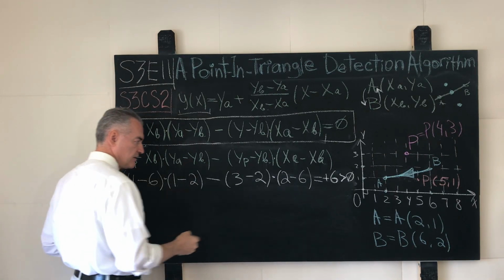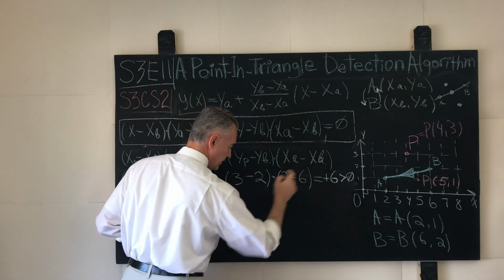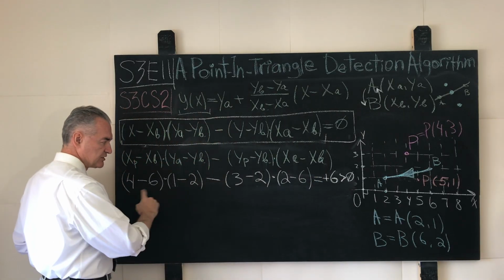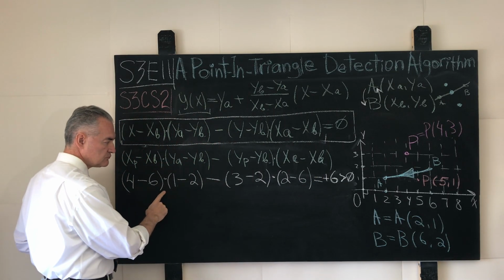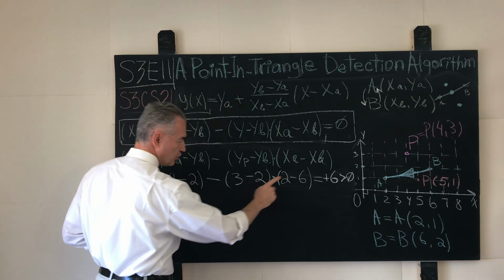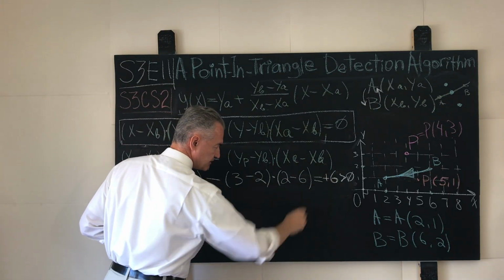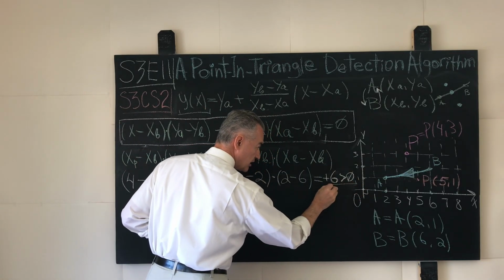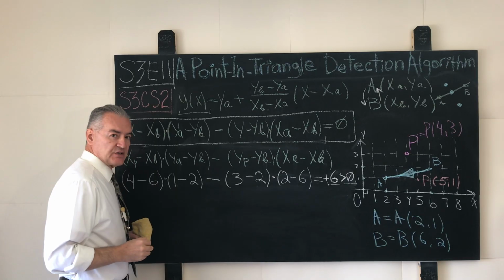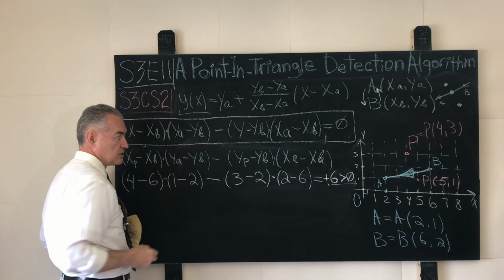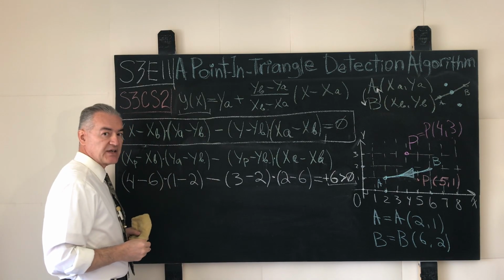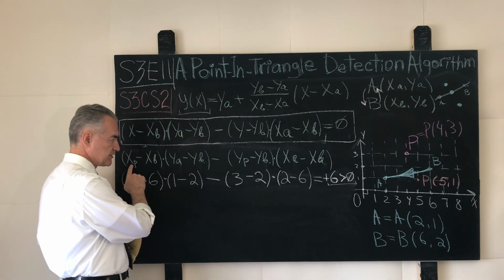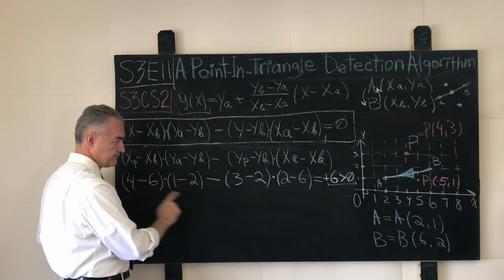It's literally nothing beyond middle school arithmetic, and we compute the result. The result comes out to 2 plus 4, which is 6, positive 6. And the important part is that this time, the result of our expression, or the function uppercase F of xp and yp, or of 4 and 3, came out to be positive.